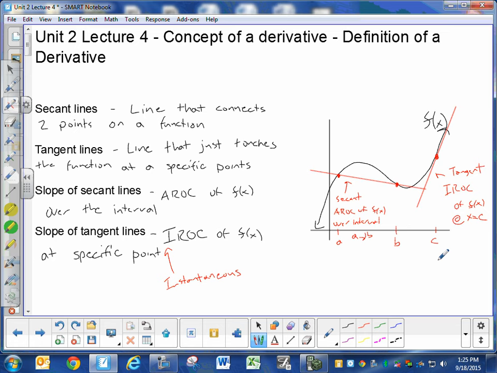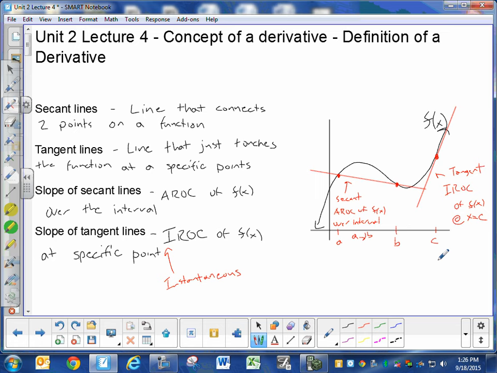Okay? And we left last class talking about secant lines and tangent lines. I introduced you to a tangent line. Okay? And we talked about the secant line, slope of the secant line being the average rate of change of your function over your interval. And I said, well, if we had a tangent line, all of a sudden we know what is going on exactly at that point.